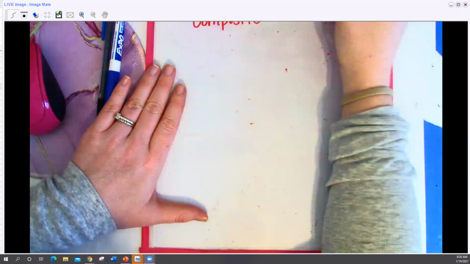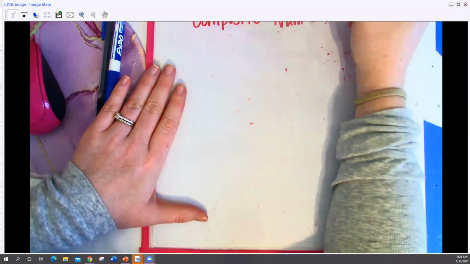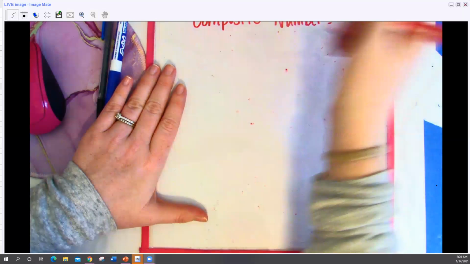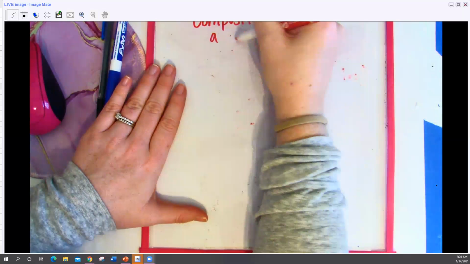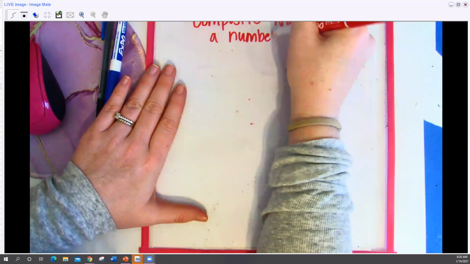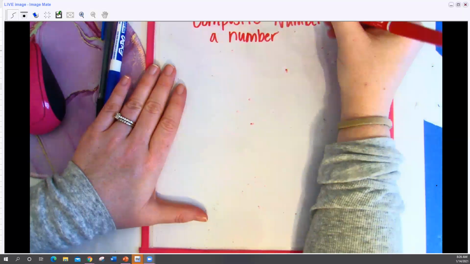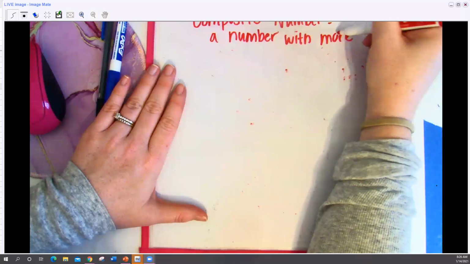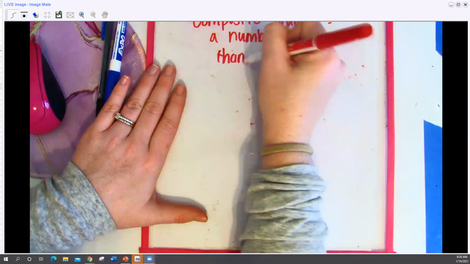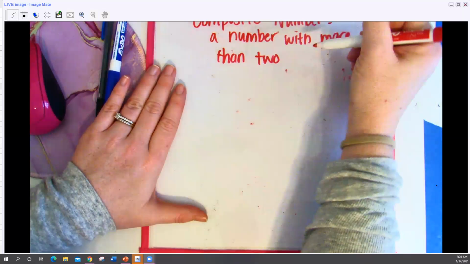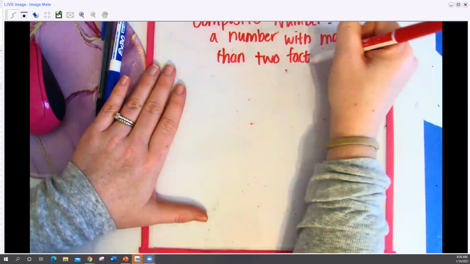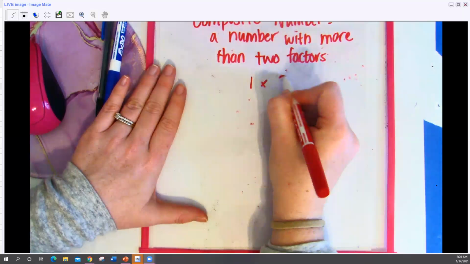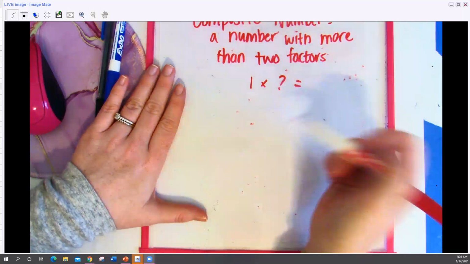So a composite number is a number with more than 2 factors. So that means that it's going to have 1 times whatever the number is, but it's also going to have more.